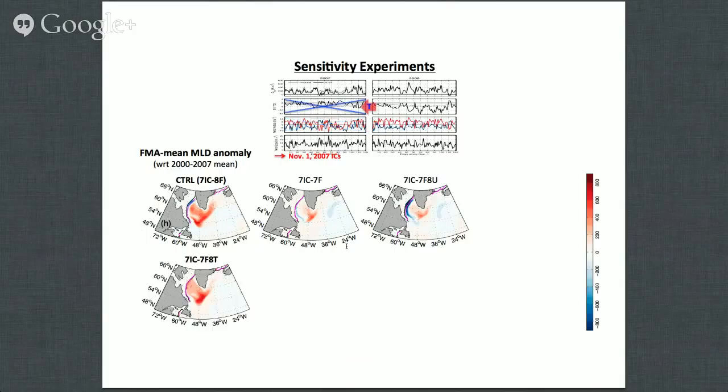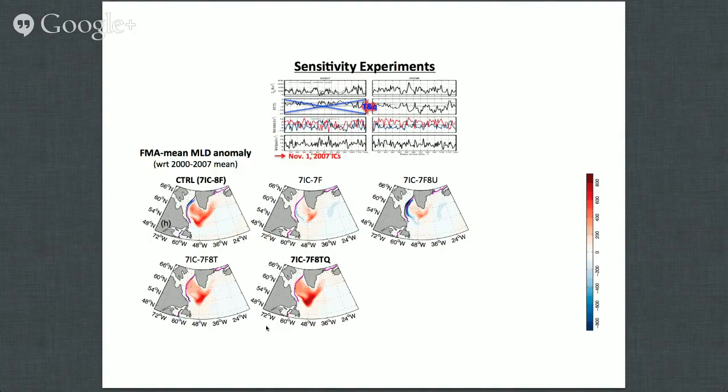Next, we did the same experiment, but with the air temperature. And now you can see this strong deep convection anomaly in the Labrador Sea, indicating the air temperature played a great role in this event, and the wind does not play this role. And next, we add specific humidity in addition to air temperature, and we have an even stronger mixed layer depth anomaly now.